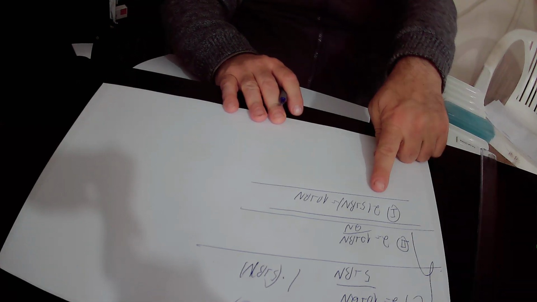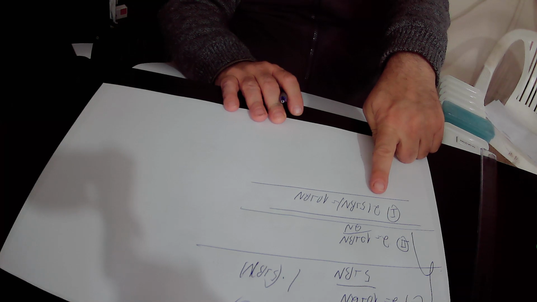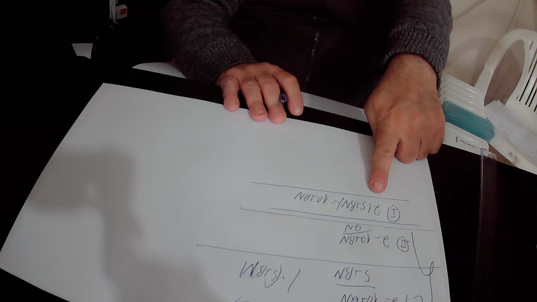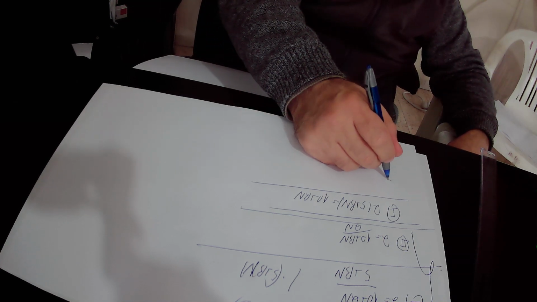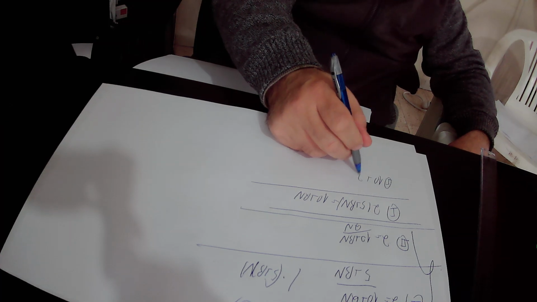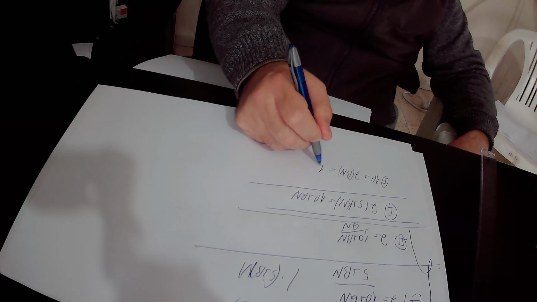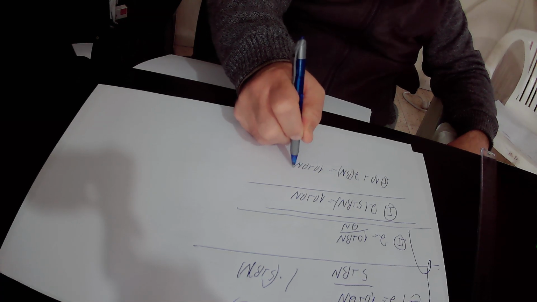Here we'll open the brackets of this side of equation number 1, and we get 2 times 5 is 10, plus 2 times Bn is 2Bn, that equals 10 plus Qn.